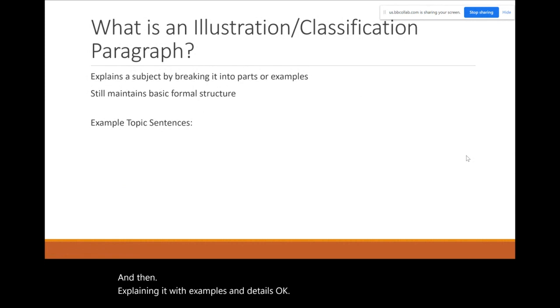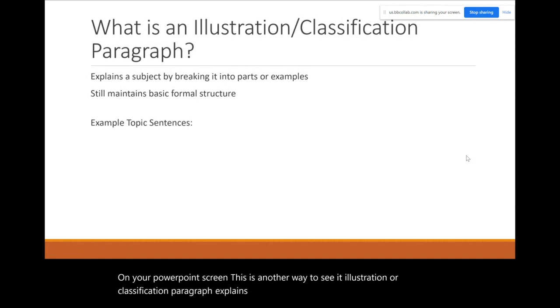On your PowerPoint screen, this is another way to see it. An illustration or classification paragraph explains a subject by breaking it into parts or examples. Okay, we're still following the basic formal structure. Remember, we have a topic sentence, we've got the point, we have an example, we have a point, we have an example, we have a conclusion.